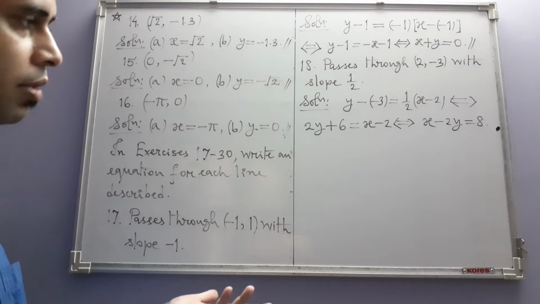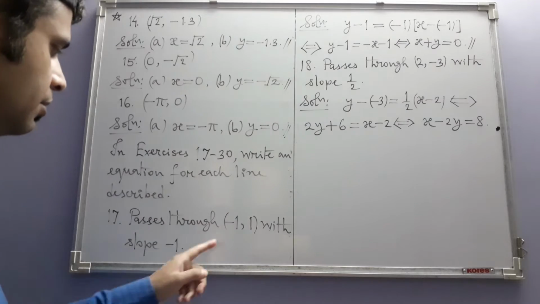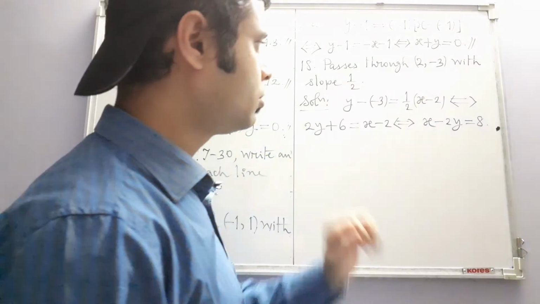So take 2y on that side, divide by 2, the slope is 1/2, and 2, -3.